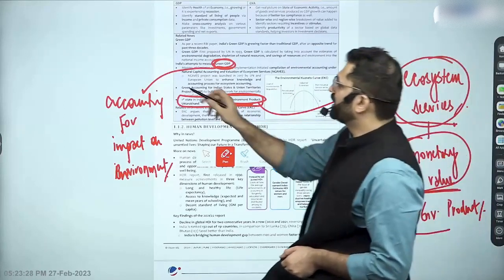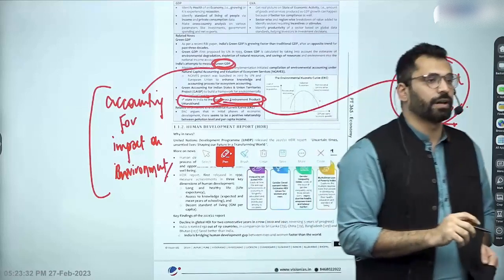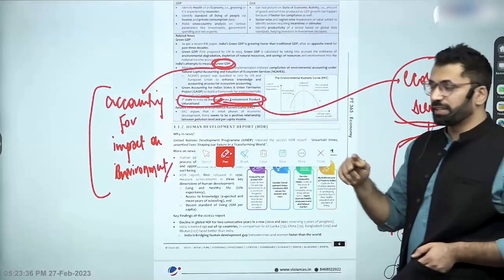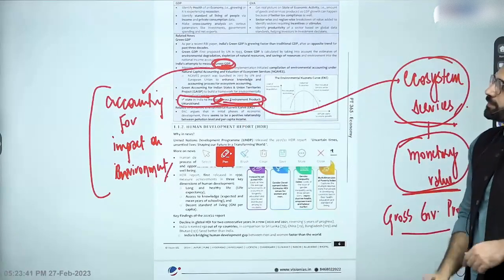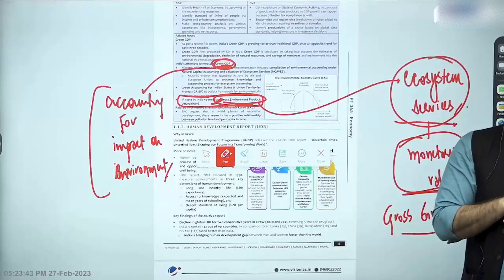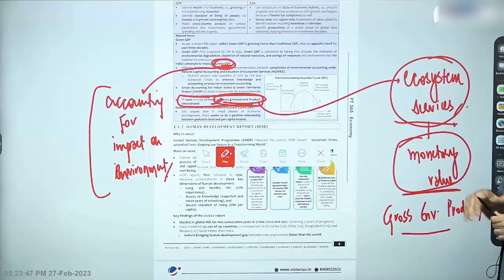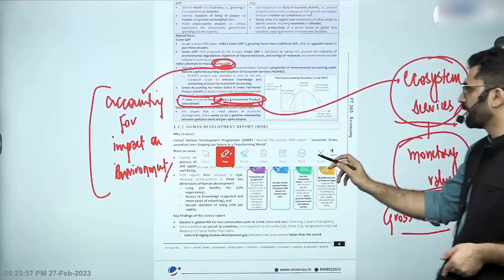Where your GDP is adjusted for its impact on environment, how much it degrades the environment, how much of the value of the environment is degraded, this is called your green GDP. Depletion of resources, pollution, all these things are accounted for in green GDP. Here we are measuring the ecosystem services. This is the difference between green GDP and the gross ecosystem services.